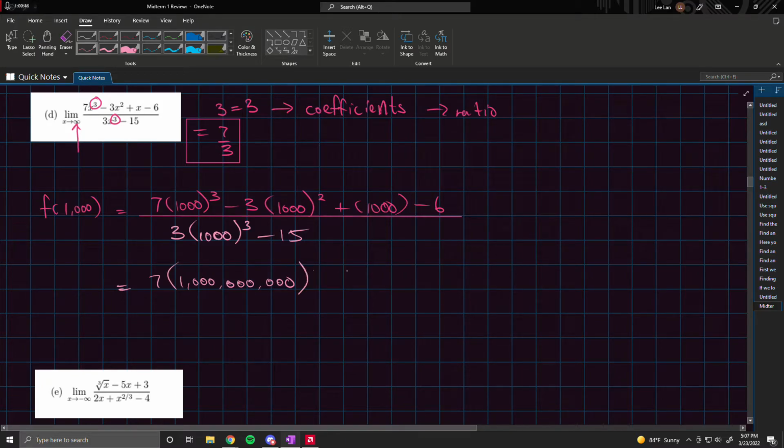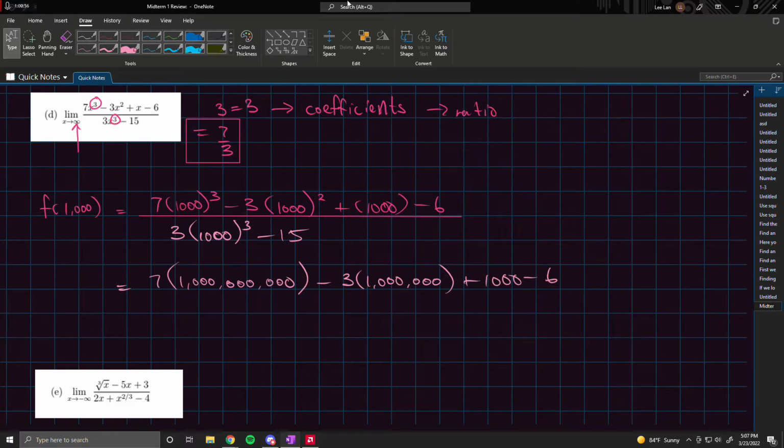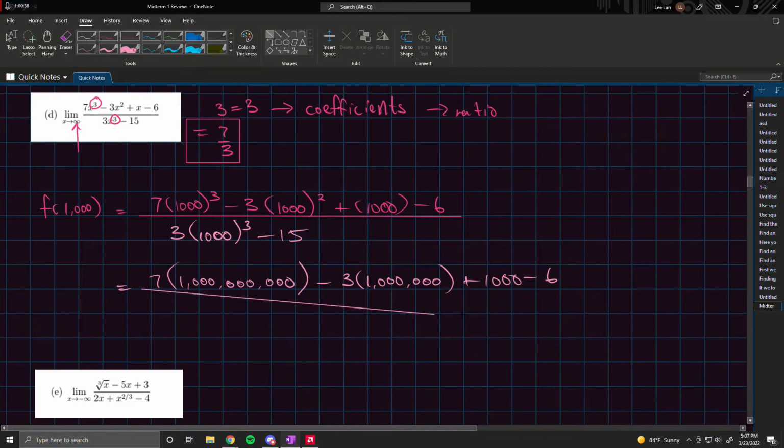So it's 7 billion minus 3 times 1,000,000 plus 1,000 minus 6. And this is all over 3 times the same number, 1,000,000,000, the same amount of zeros, and then minus 15.